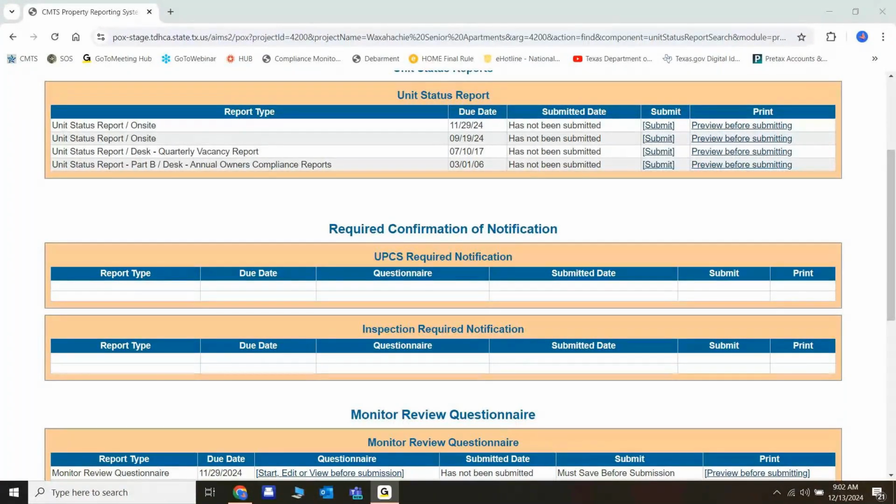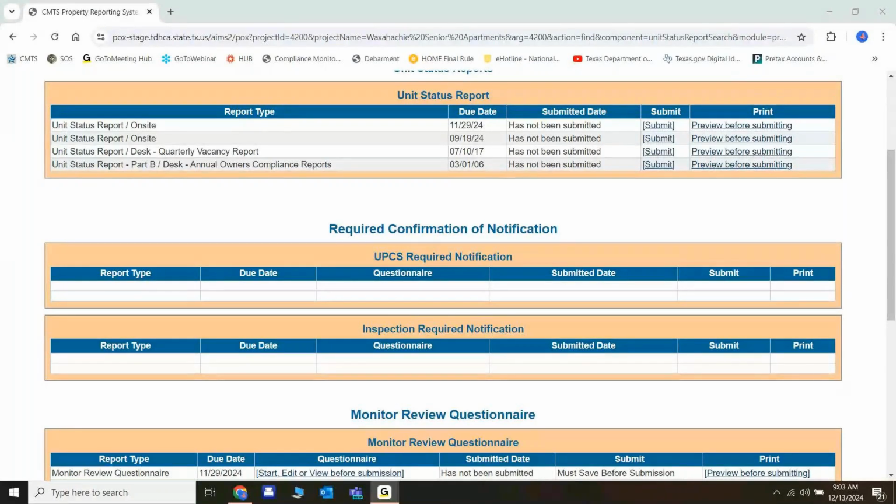Other than that, we are going to talk about the monitoring review questionnaire. We've already done this presentation once when we changed it from the entrance interview questionnaire to the monitoring review questionnaire. And we added a lot more information. It became a lot bigger, but it became more detailed and a little bit easier for us to trim down our notification letter and to get all of the things that we need in order to properly monitor your property, your development.